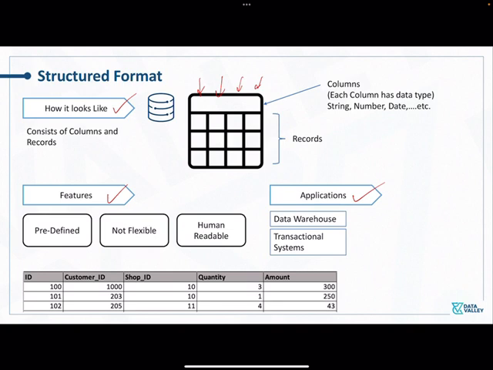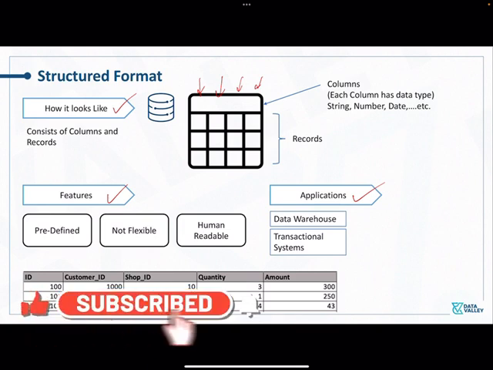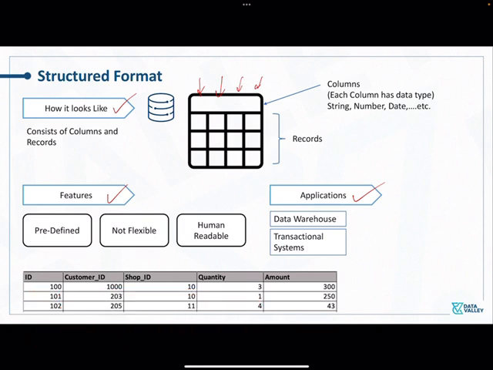You can think of it like an Excel file. In Excel file, you have columns and you have records. Each one of these columns has a specific data type. Maybe in Excel, you have the freedom to insert different data types in one column, but in databases, each column has a specific and fixed data type.